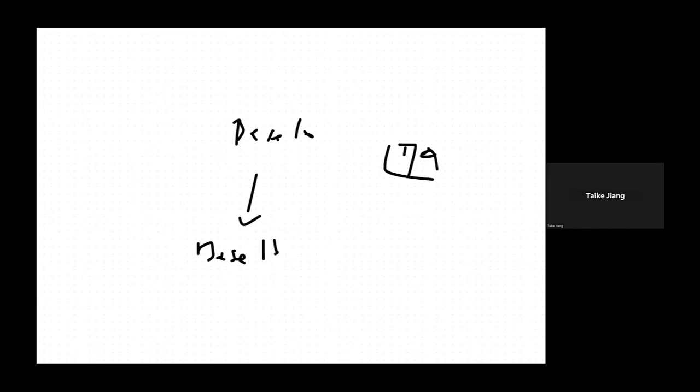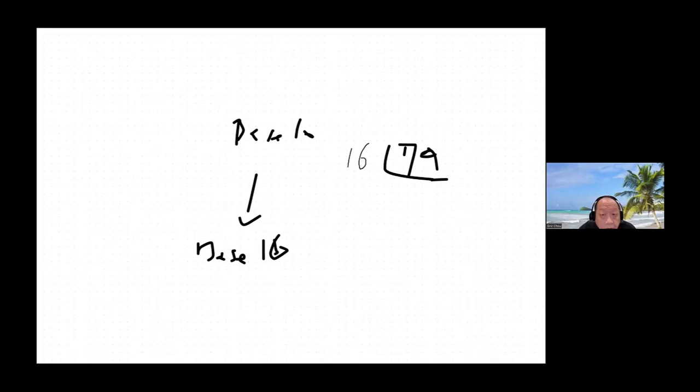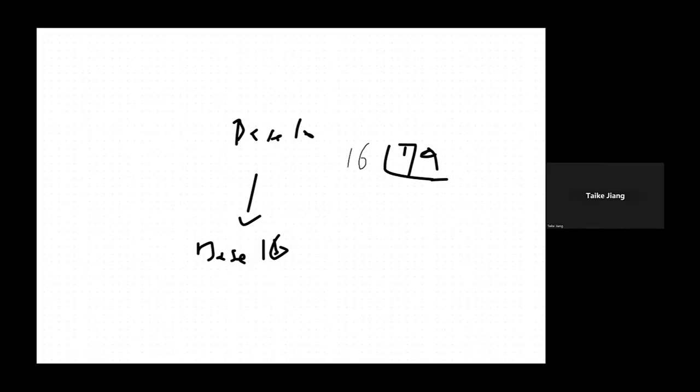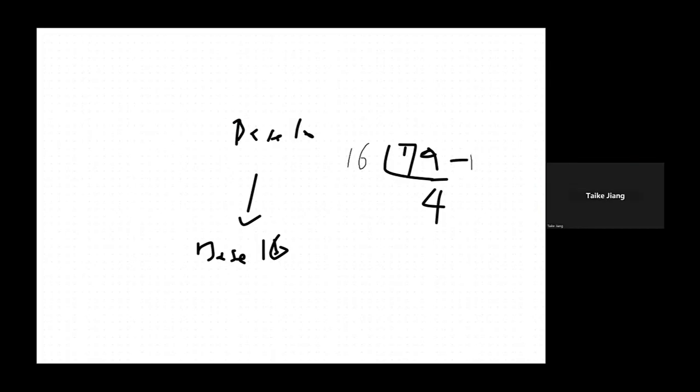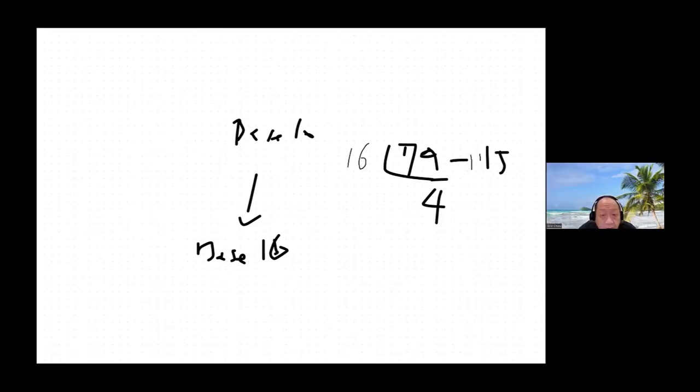Wait. So you'll be 4, yeah, 4. And this is remaining, 15, I think. So what would be the base 16 value? A, B, C, D, E, F. So it's 4F, yes.